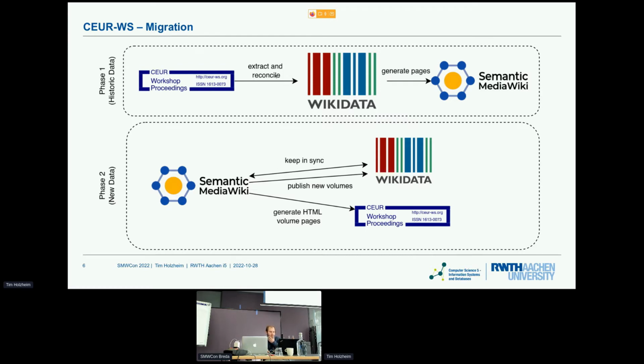We then imported them to Wikidata, where we are currently in the process of doing so. So we have largely finished it, but there's still some entities that need to be imported.